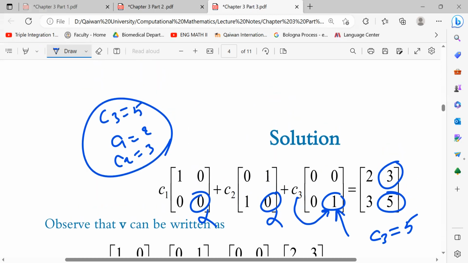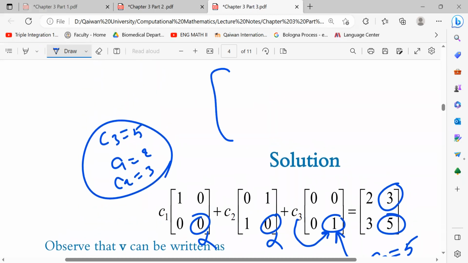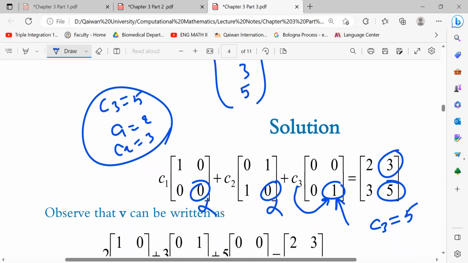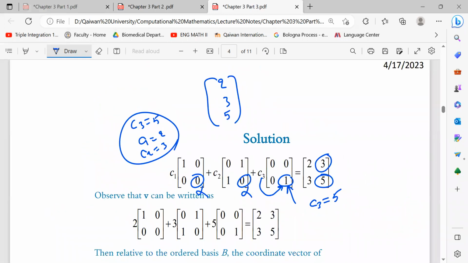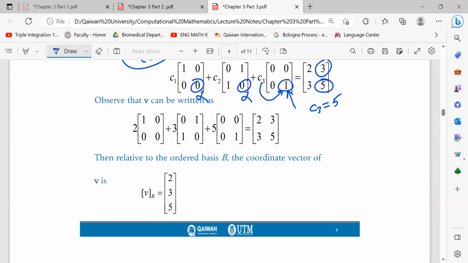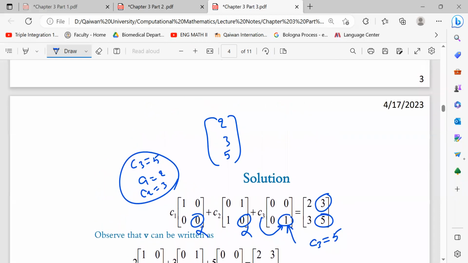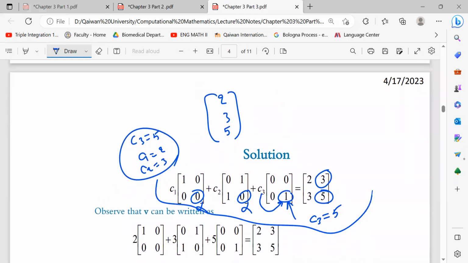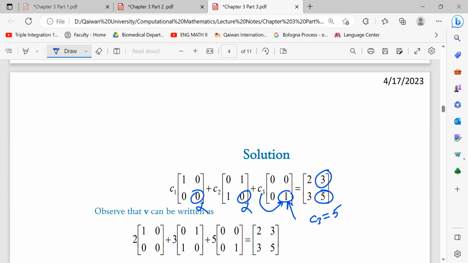These are the values of C1, C2, C3. So these values, 2, 3, 5, are the coordinates of V relative to B. That's all. You just need to find these values of C1, C2, C3. Look, it's easy for this matrix to find the values in this way. But if you couldn't, what should you do?